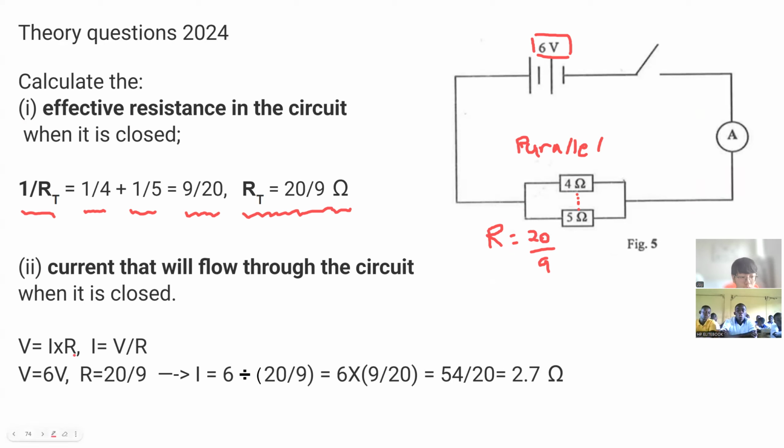So we can use Ohm's law, which is V equals I times R, and I equals V over R by rearranging. You can solve I equals 6 divided by 20 over 9, which equals multiplying by the flipped one.